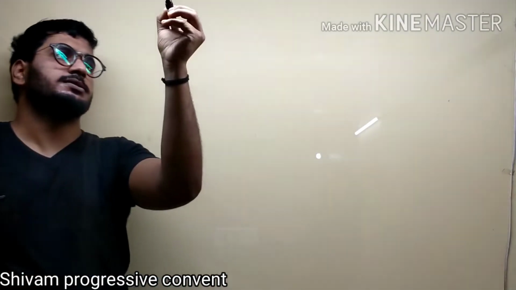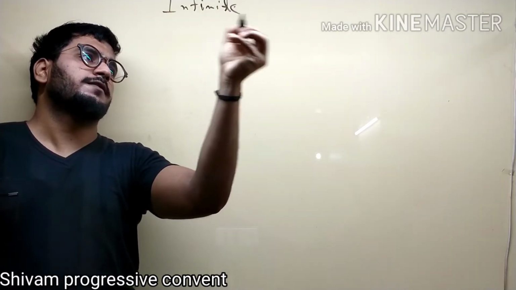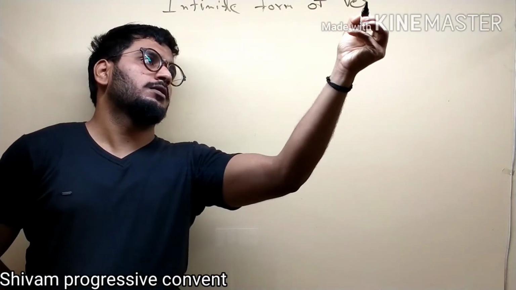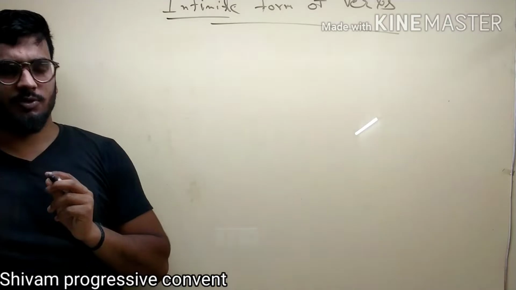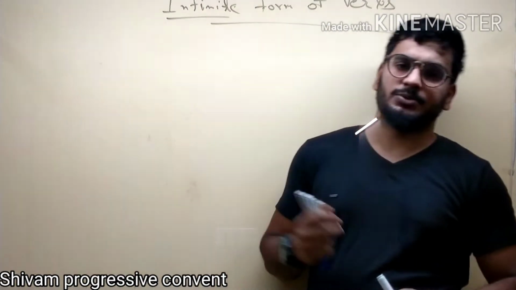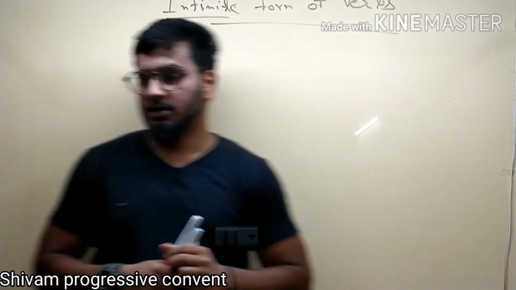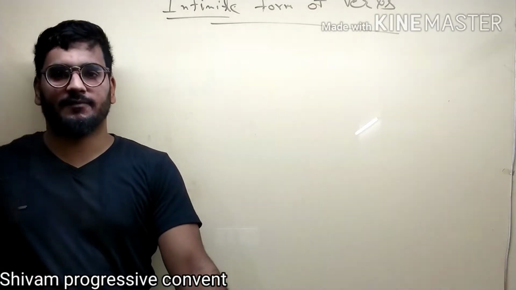So our chapter is infinite form of verbs. In this chapter, I will discuss many types of verbs. First of all, you must know what are finite verbs, and then you must know what are infinite verbs.